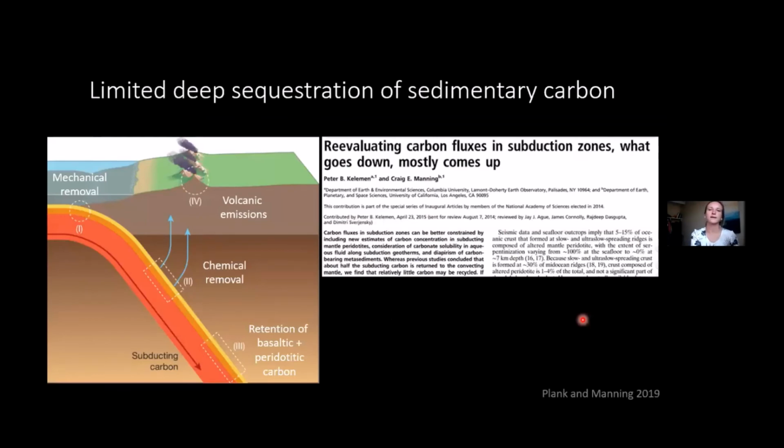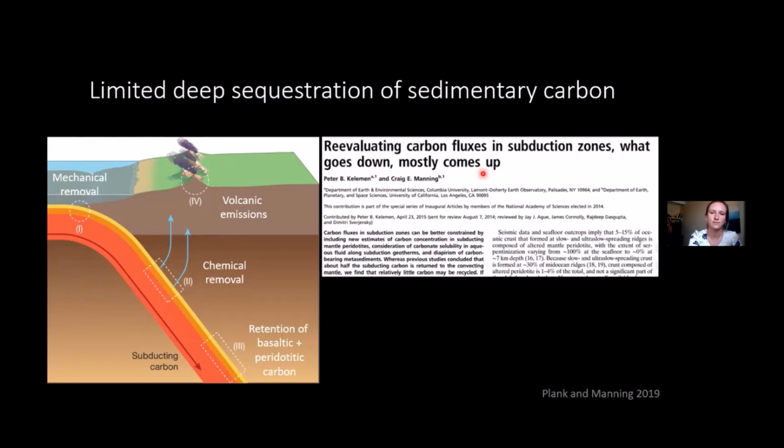And so if we circle back to our initial discussion regarding the carbon cycle, we think we can conclude that there is limited deep sequestration of sedimentary carbon. And Peter Kelemen was probably mostly right when he suggested that what goes up mostly comes down, suggesting that the vast majority of carbon that is stored in sedimentary units will undergo the shallow circulation system that occurs on relatively short periods of geologic time.